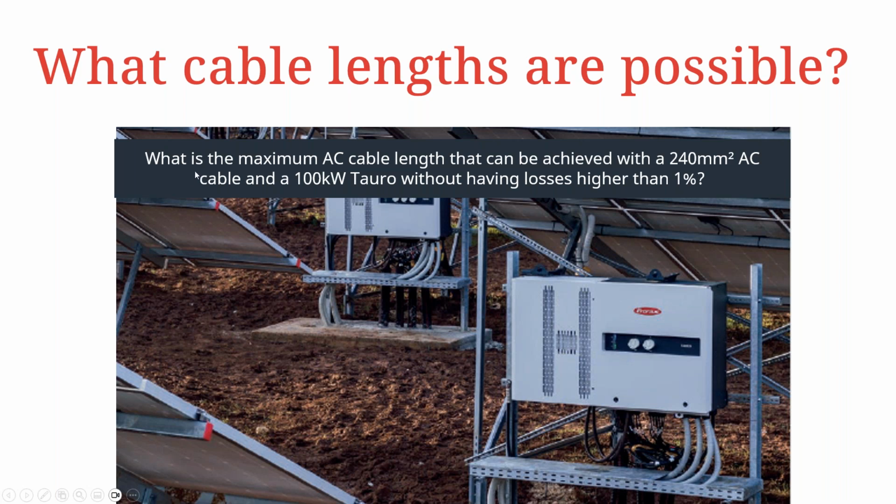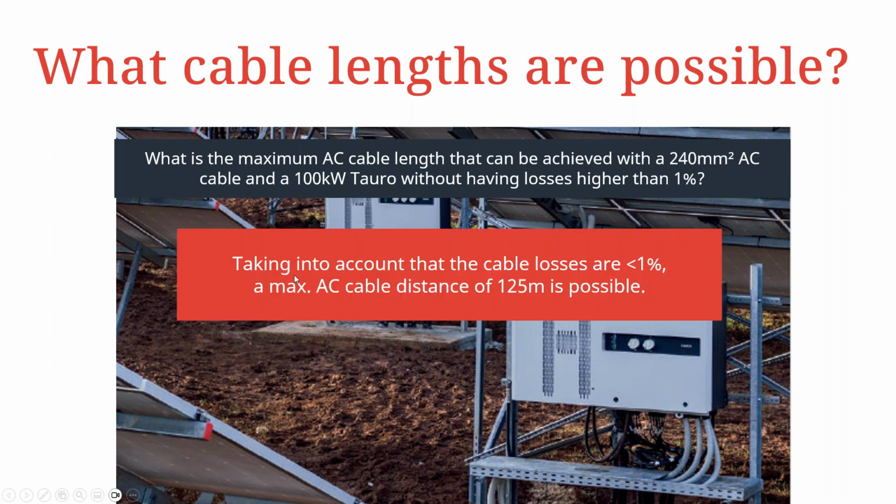So you might ask, what is the maximum AC cable length that can be achieved with, for example, a 240 square millimeter AC cable and a tower of 100 kilowatts without having losses higher than 1%? This has actually been looked into, and it has been arrived that, taking into account that the cable losses should be less than 1%, the maximum AC cable distance of 125 meters is possible, which is actually a good figure.